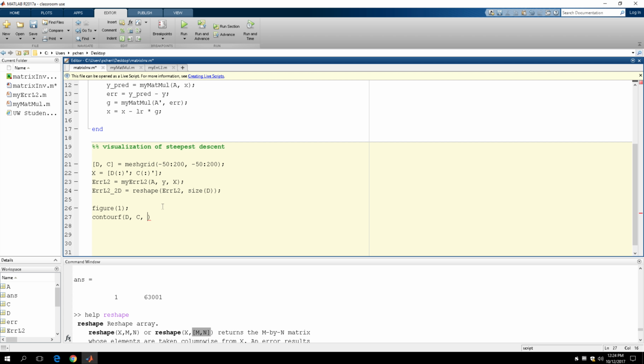And then the last input is going to be the value that you want to visualize, which is ER_L2 underscore 2D, right? And then what's going to be the last input, right? The last input is how many contour lines do we want to see on the graph. Let's say 50. We want to see like 50 contour lines, right? And that's the syntax for MATLAB to actually plot contour lines, right?